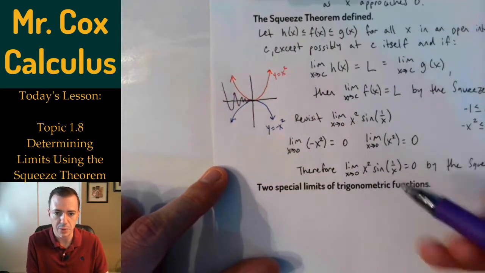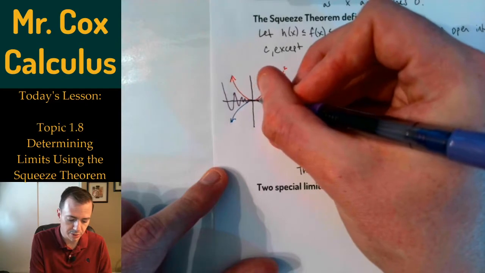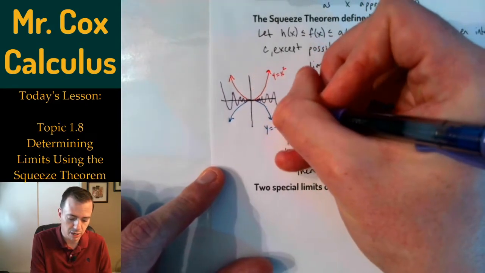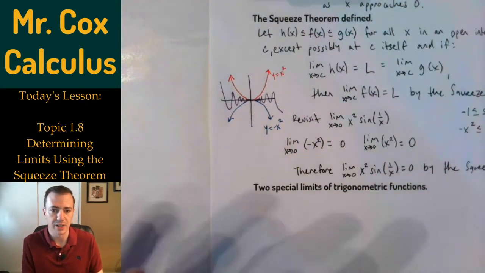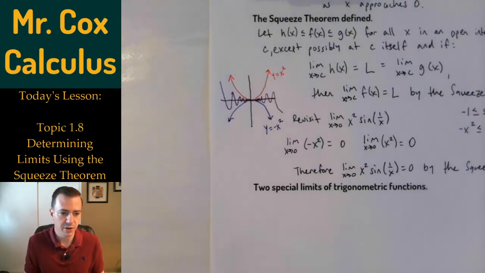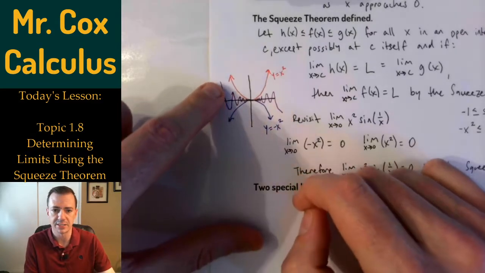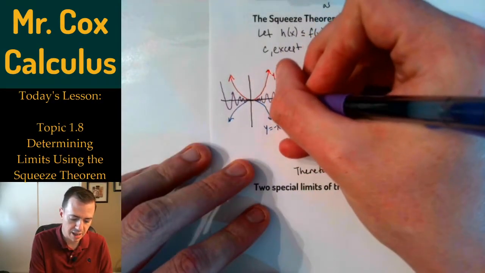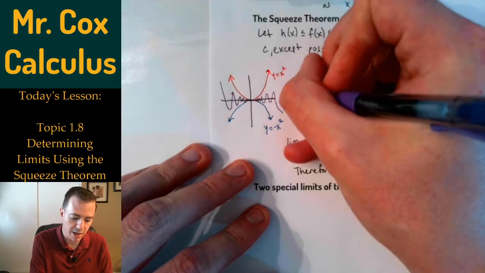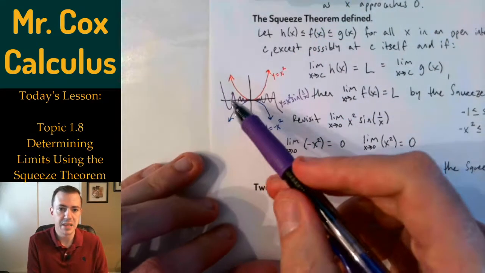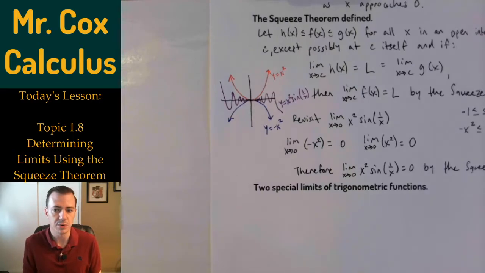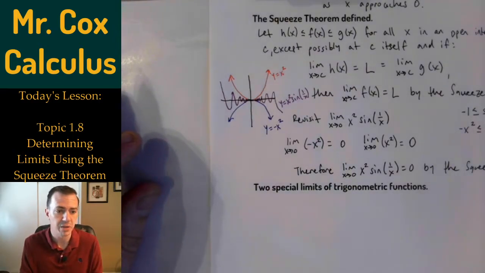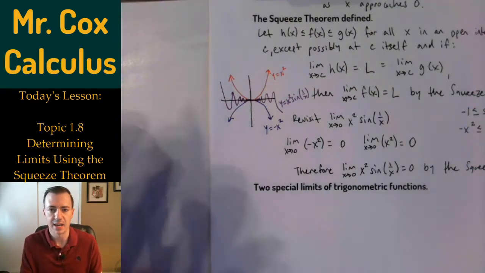And that's why I was able to ultimately make this statement. The same is true as I go in the other direction as well. That's a rough sketch of the graph. As I get close to 0, my function, x squared sine of 1 over x, is being squeezed down to 0. And that's where this theorem gets its name, and that's how you apply it.